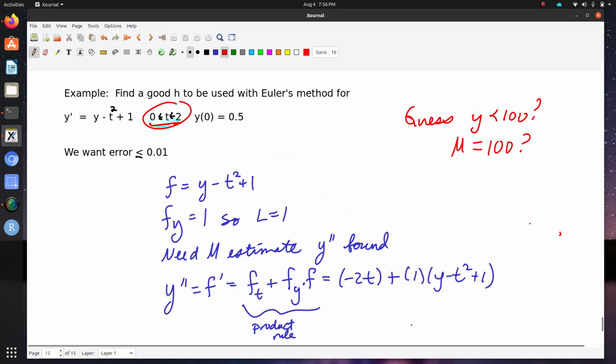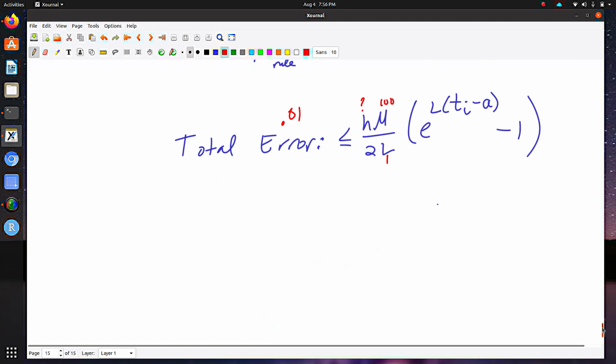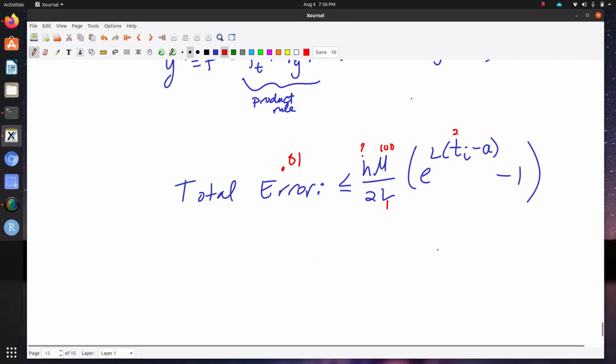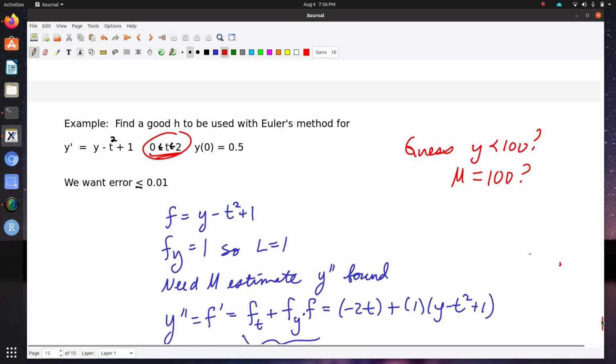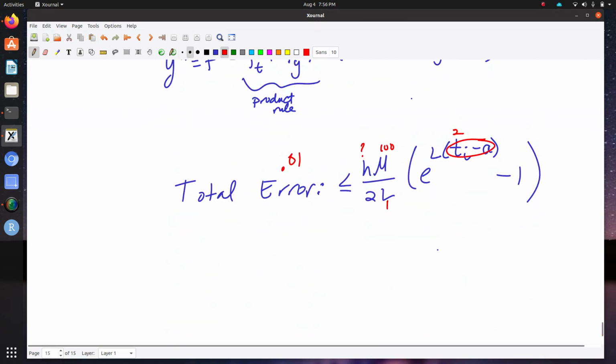Do we have any other information? We had t between 0 and 2, so t minus a can't be bigger than 2, since a is 0. So this whole exponent can't be bigger than 2.